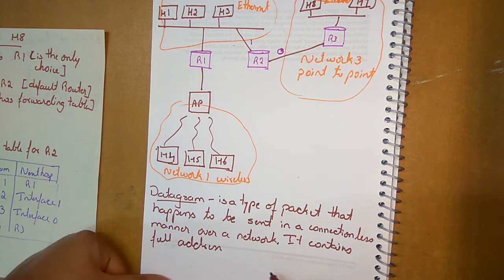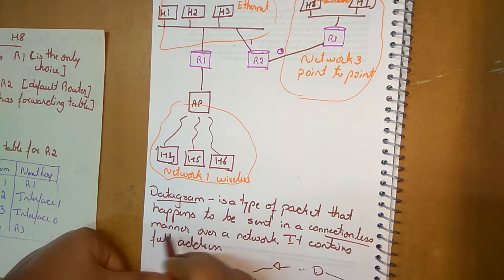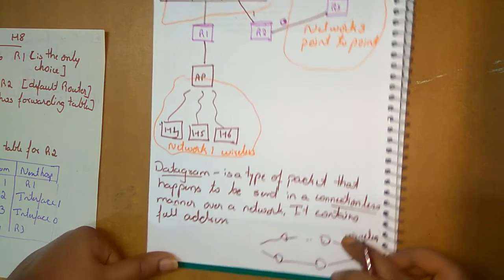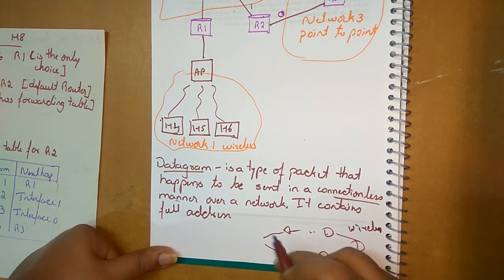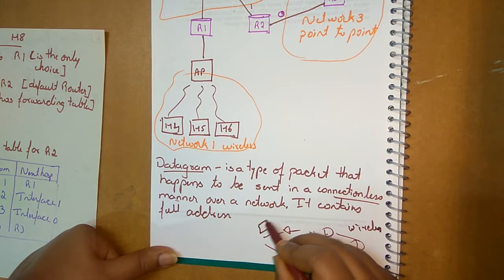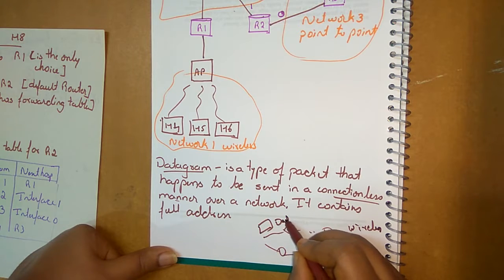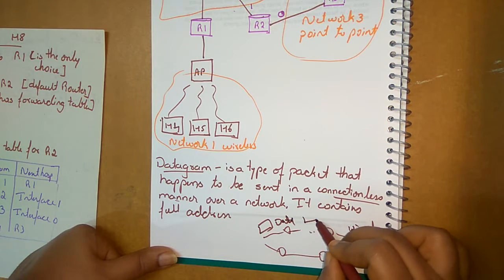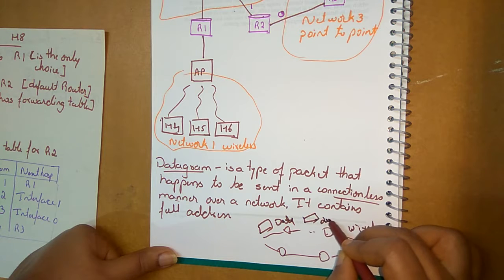Before connecting to the network, we have to set up the network for a connectionless manner. In a wireless network, we want to set up the network. To set up the network, first we will send a datagram packet which contains the full address of the destination.